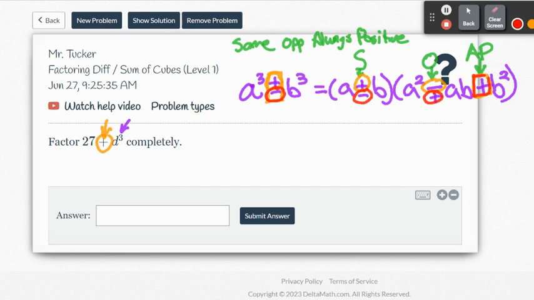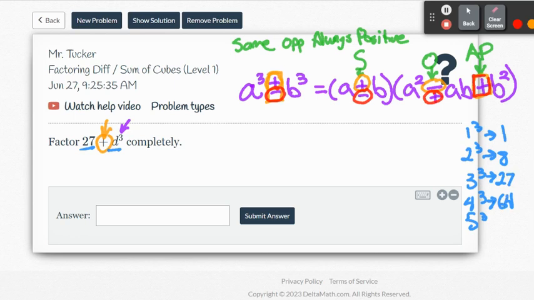But first thing we want to do is figure out that these are indeed cubes. Cubes are numbers that you can raise to the third power to get the coefficient or variable we're looking at, like 1 cubed, 2 cubed, 3 cubed, 4 cubed, 5 cubed, etc. And so the numbers we're looking for are 1, 8, 27, 64, 125, etc. These numbers are cubes.